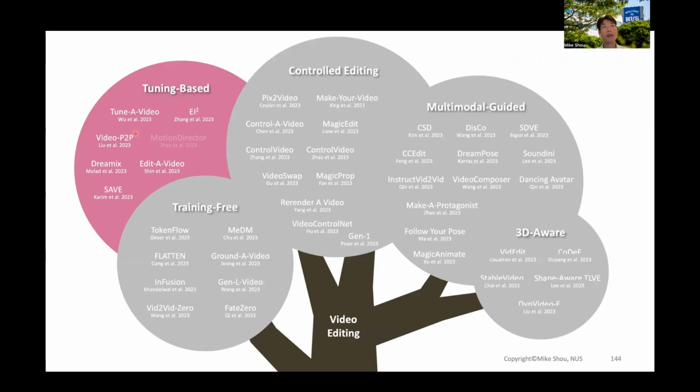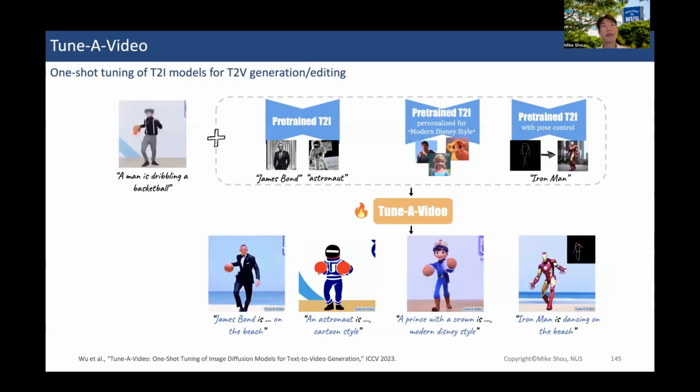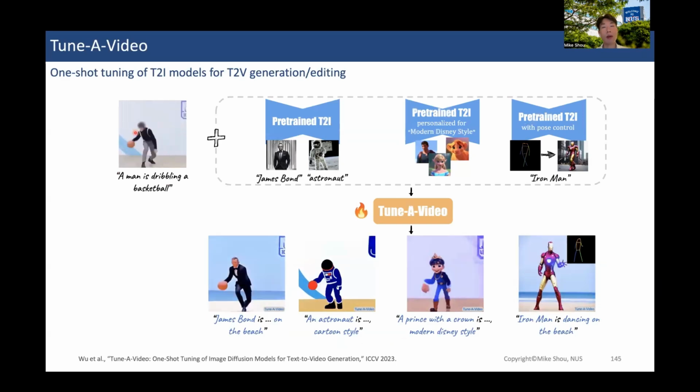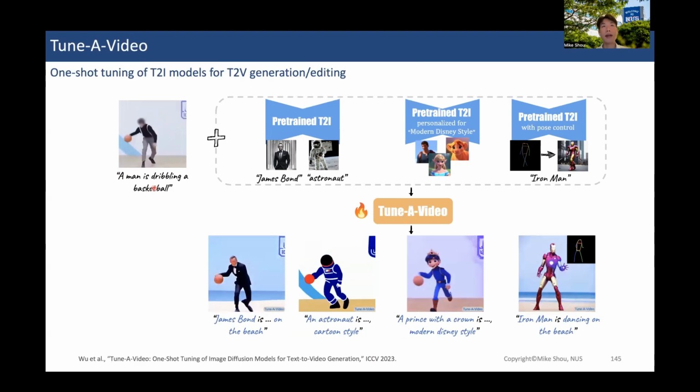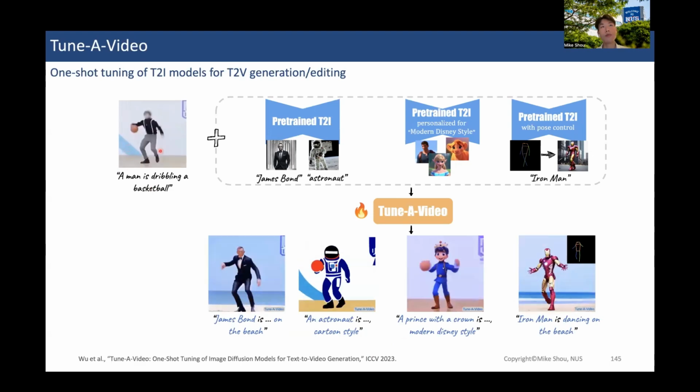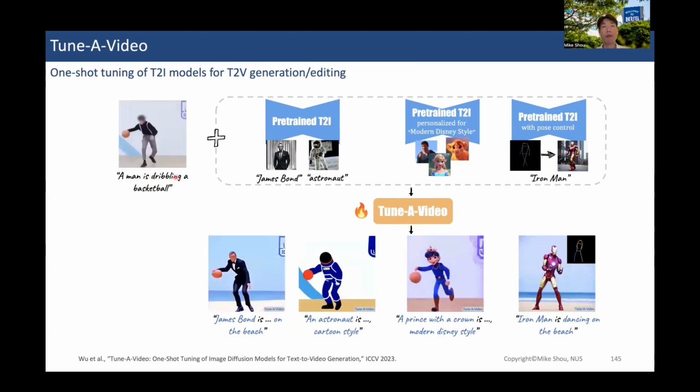There is quite some work in this one-shot tuning field, and the one we'd like to introduce is our paper at ICCV this year. The task is, for example, you have a video of a man dribbling a basketball.